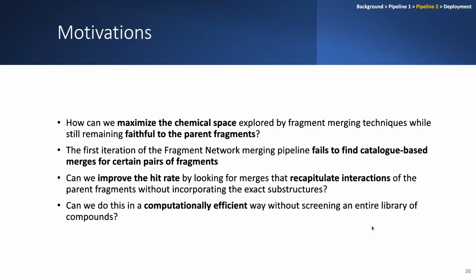We find that the first iteration of the fragment network merging pipeline fails to find catalog-based mergers for certain pairs of fragments. So what we want to do is to try and improve the productivity and hit rate by instead looking for mergers that might recapitulate interactions or pharmacophores seen in the parent fragments without incorporating exact substructures. And we also want to see if we can do this in a computationally efficient way.